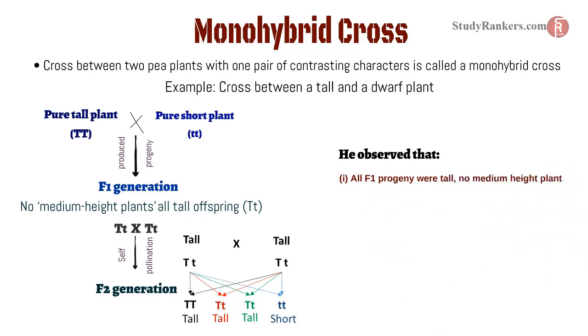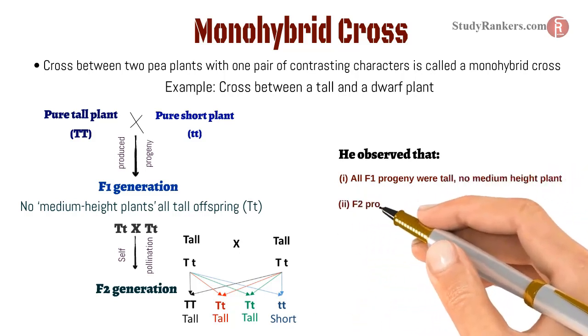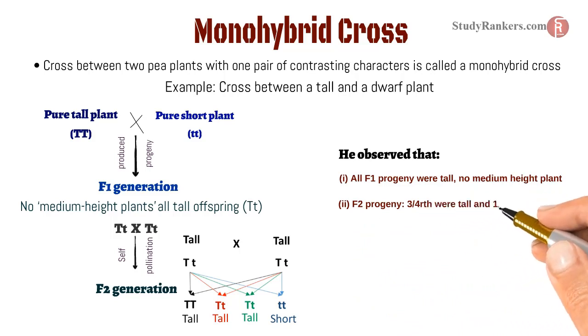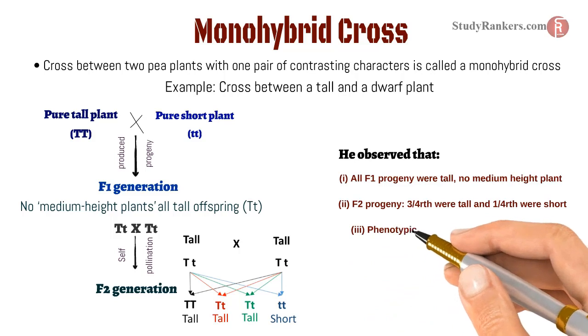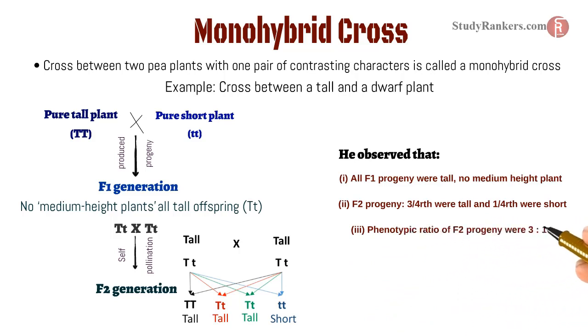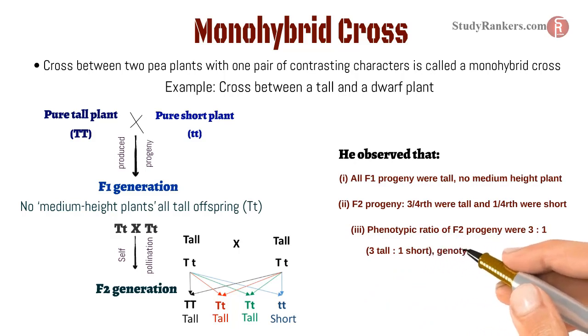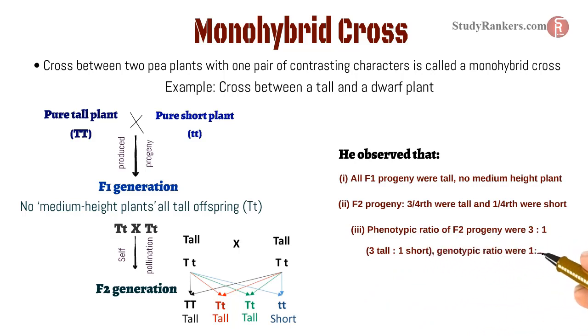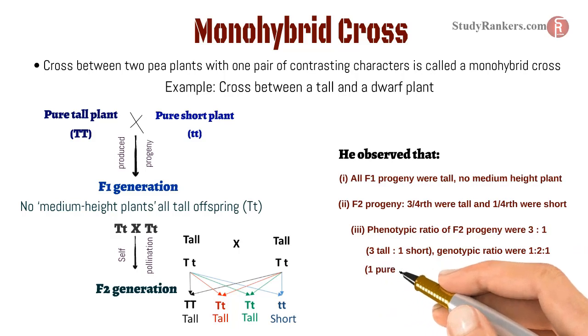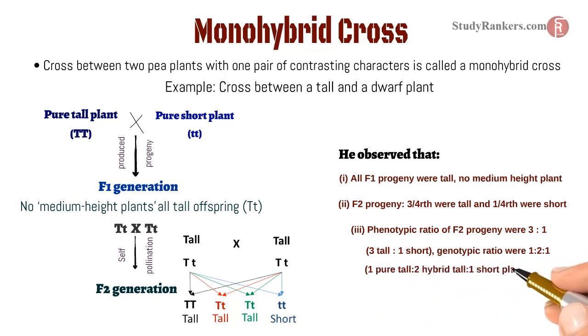In F2 progeny, 3/4 were tall and 1/4 were short. Phenotypic ratio of F2 progeny was 3:1, 3 tall to 1 short, and genotypic ratio was 1:2:1, 1 pure tall, 2 hybrid tall, 1 short plant.